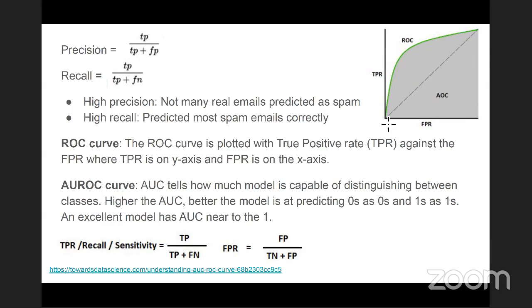The best curve would be if this green curve would go straight up and then straight right. So the area under the curve is what is important to me, because that captures the behavior at all thresholds put together. That area should be as close to 1 as possible. If the curve is along the diagonal line, the area would be very bad, which is 0.5. So Jay, what's your question?